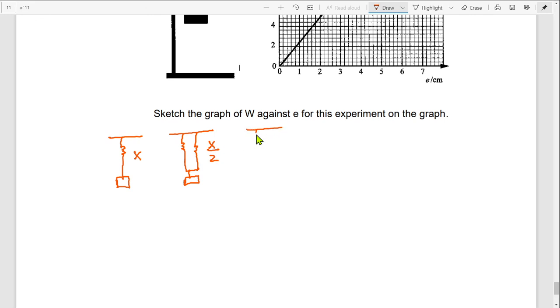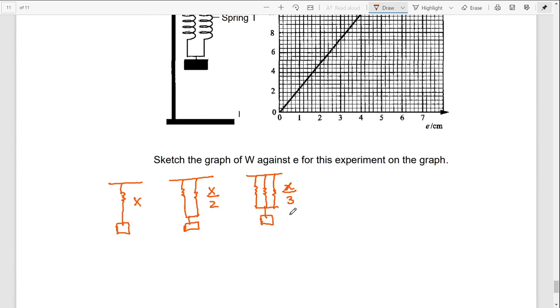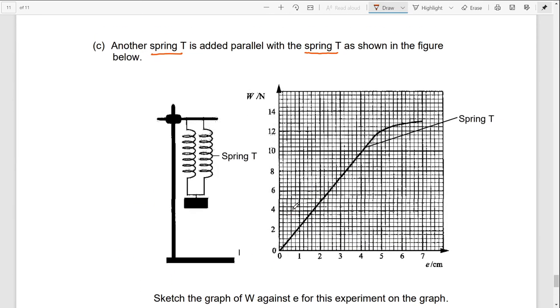If I have three springs being extended by the same load, then the extension will be X over 3.